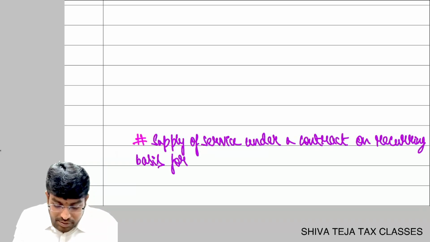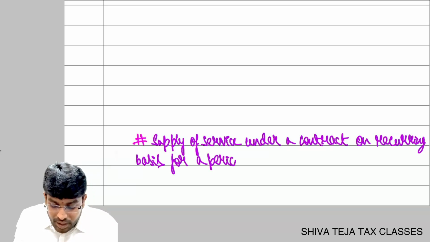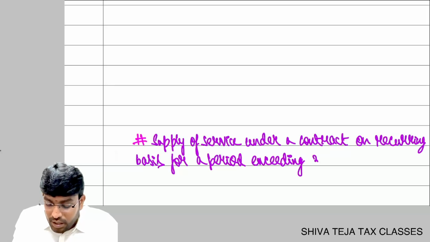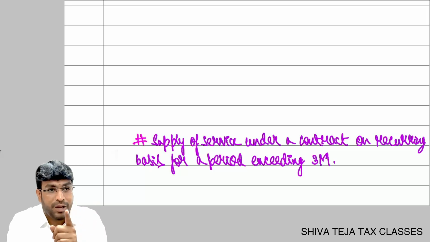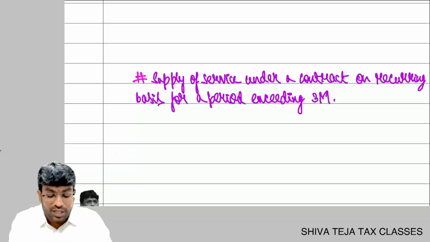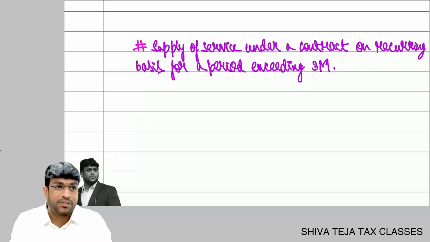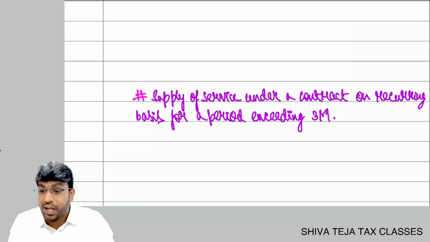Recurring basis for a period exceeding 3 months. So if you observe, in case of continuous supply of goods, we never wrote the word more than 3 months. In case of service only, they use the word, it is called continuous supply of service only when it is for a period more than 3 months.